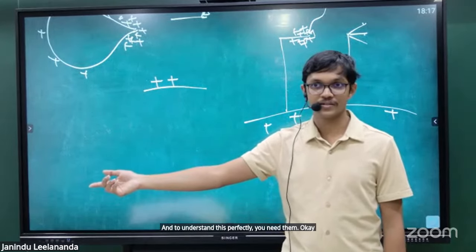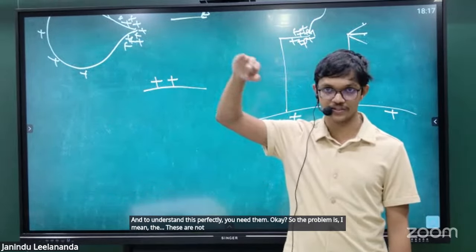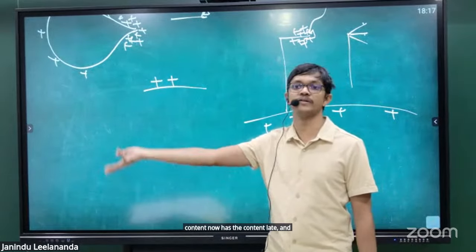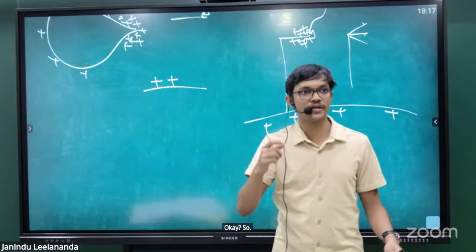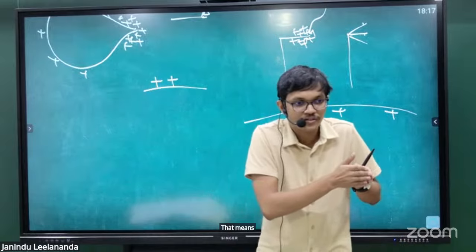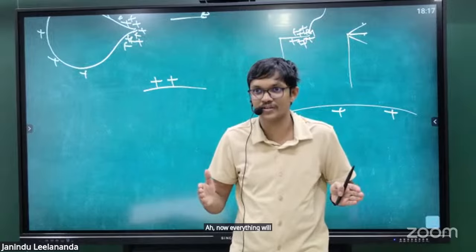These are not sequential lessons. Content now helps the content later, and content later helps the content now. So static electricity you would understand chapter wise. That means when we finish a whole bunch of things, everything will be connected, then you will understand.